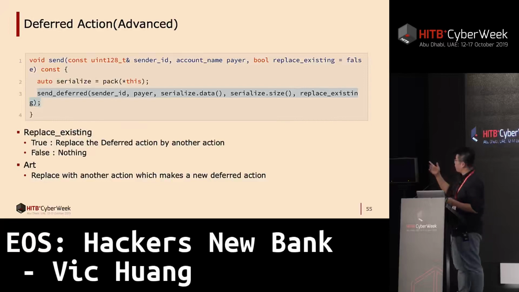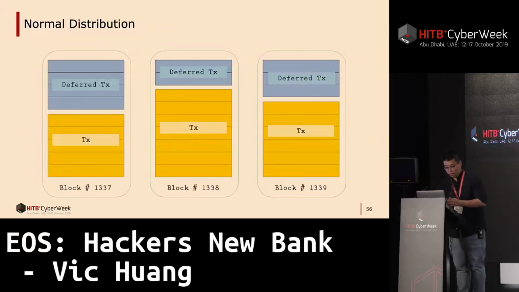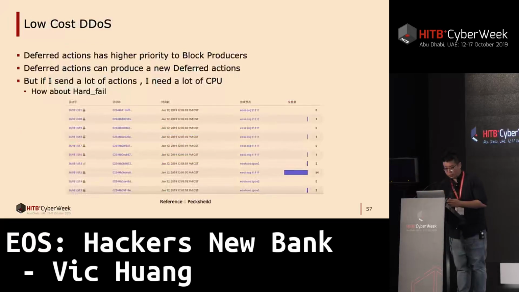And there are the features of deferred actions. You can replace the existing deferred actions. You can book deferred actions to generate other deferred actions. So here are the things we can do with a low-cost DDoS, because deferred actions have a higher priority for the block producer.